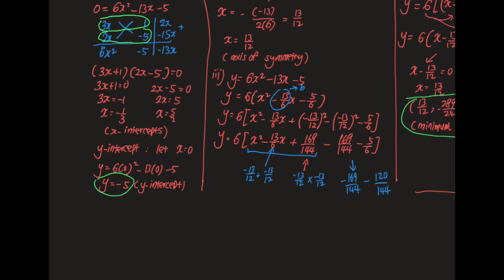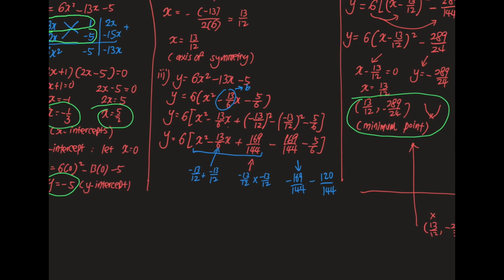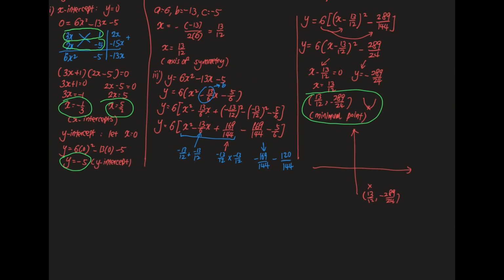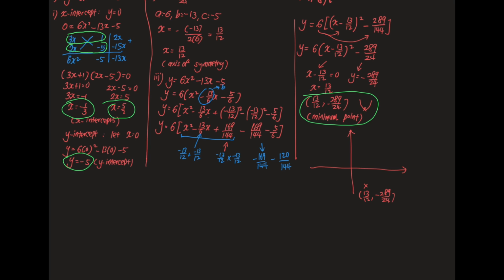We considered it already. Now we look at the y-intercept. Y equal to minus 5. The x-intercepts are minus 1 over 3 and 5 over 2. So we put it in the graph. Minus 1 over 3, so you should expect it to come to the negative value, and then 5 over 2, you should expect it to go here.